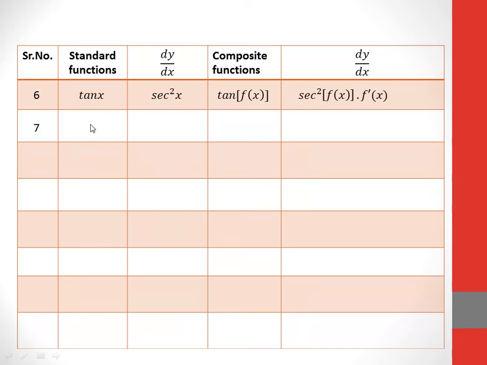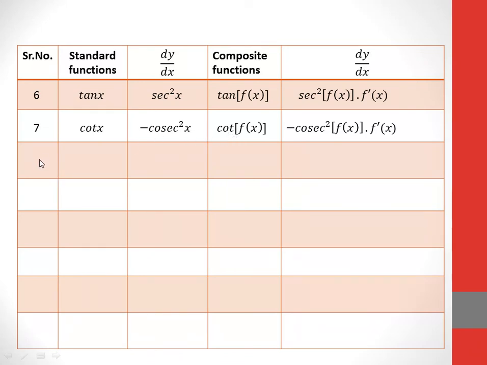Now next one, if it is cot x, then the derivative is minus cosec square x. Again composition: if it is cot of f of x, then it becomes minus cosec square f of x into f dash x. Same here, x is replaced by f of x.